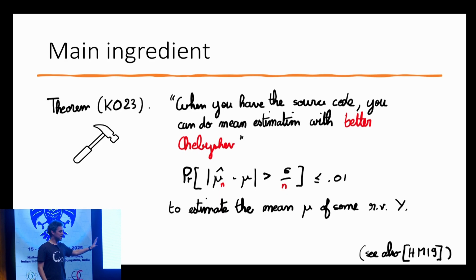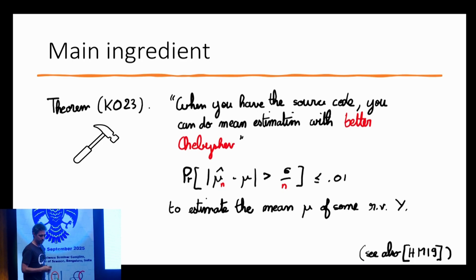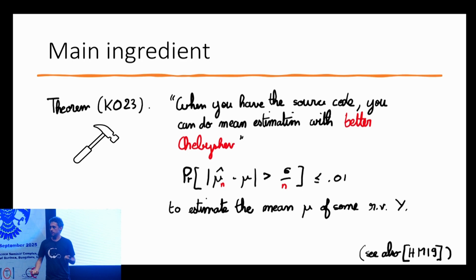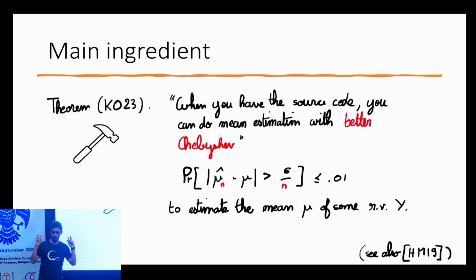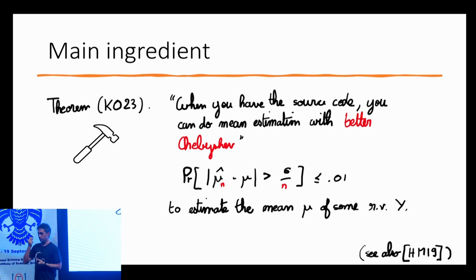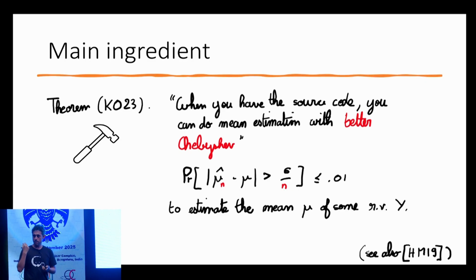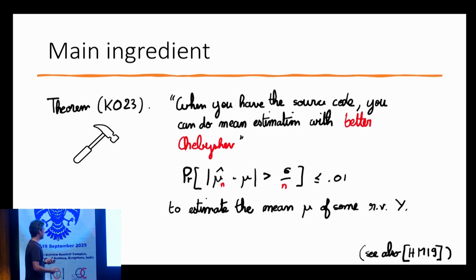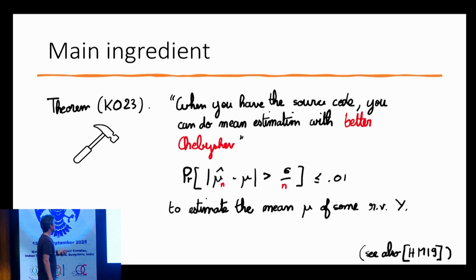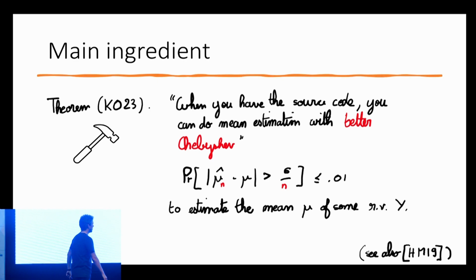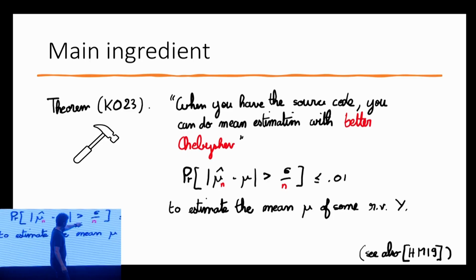There is this very good hammer that you can use, and it's basically better than Chebyshev. When you have the source code, you can estimate the mean of a random variable with better than Chebyshev. Chebyshev would give you a square root n here.